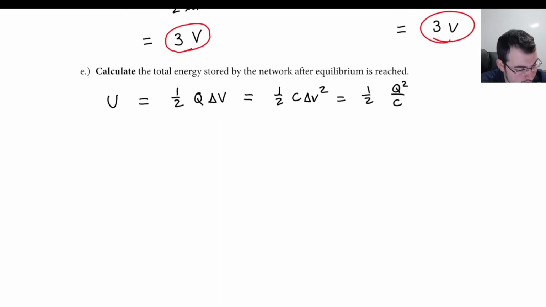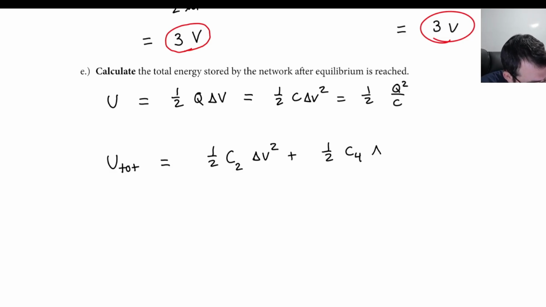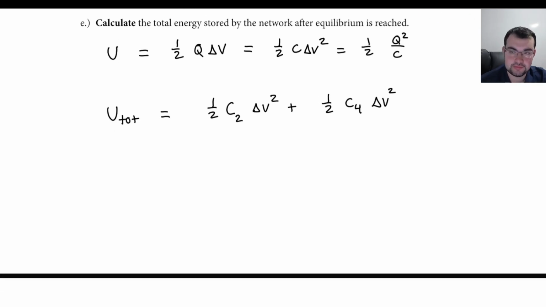All right, so total energy stored by the network. I know that my U total is going to be 1/2 C delta V squared for the first capacitor, plus 1/2 C delta V squared for the second capacitor. So we get 1/2 times C2, which is 2 microfarads, and our voltage was 3 volts.